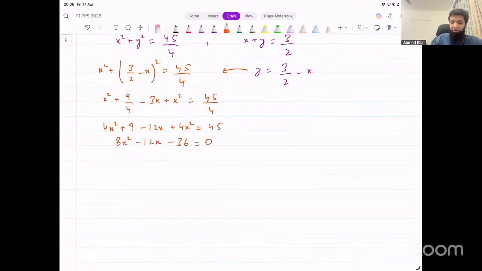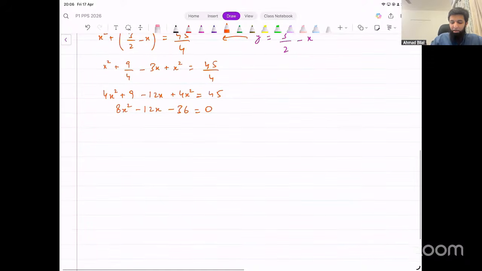That's an equation that we're getting. It's a quadratic equation. Solve this and see what that gives you. We could first simplify this a little, divide by 4, and it will become 2x squared minus 3x minus 9 equal to 0. Can we factorize this?